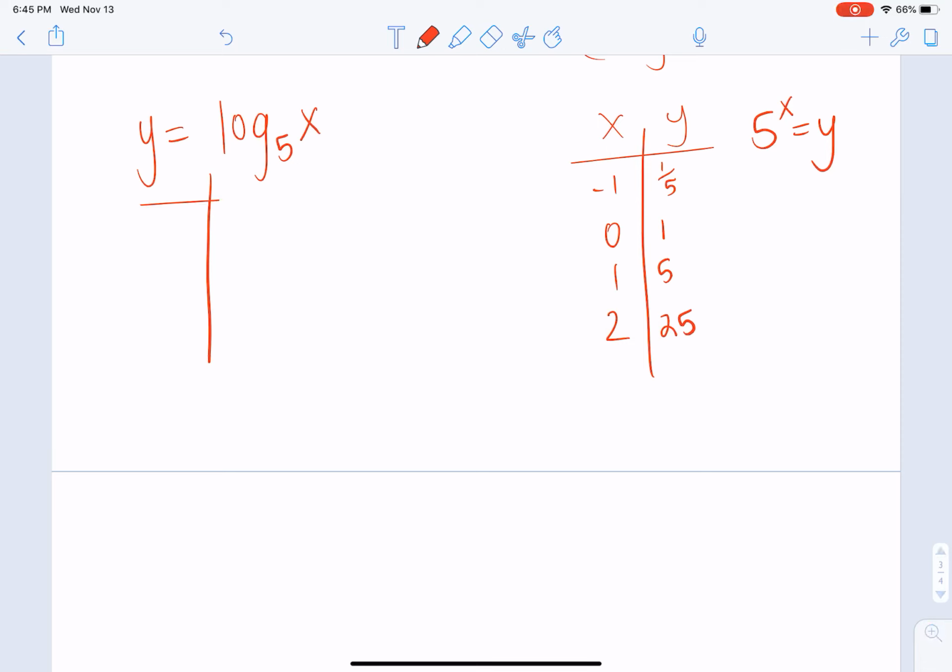Then I can make a table for my logarithm and flip-flop these values. So x and y: 1/5, 1, 5, and 25, and -1, 0, 1, and 2. I can then plot this instead of thinking of numbers where I can find nice fifth roots of them.